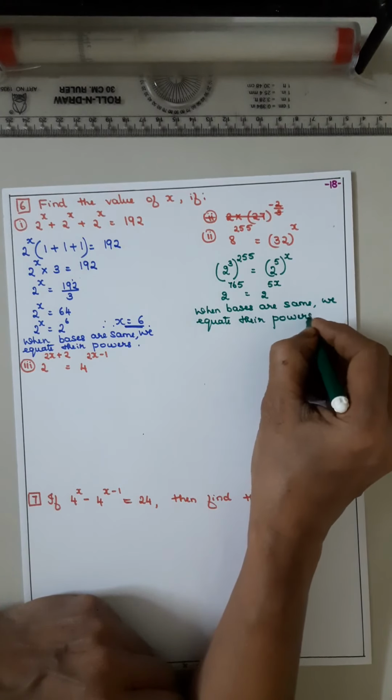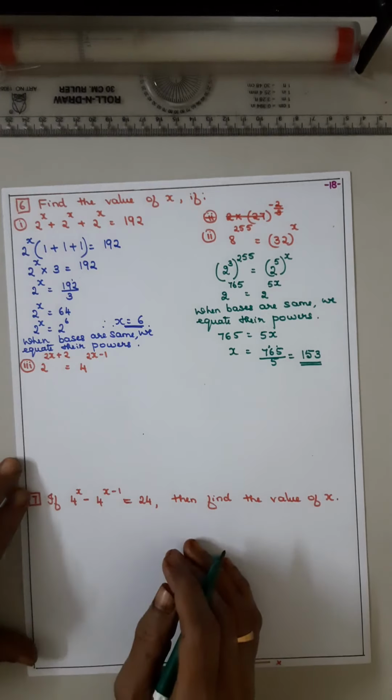That means x is equal to 765 upon 5. Now 5 ones are 5, 2 remains, 5 fives are 25, 1 remains, 5 threes are 15. That was question number 2.